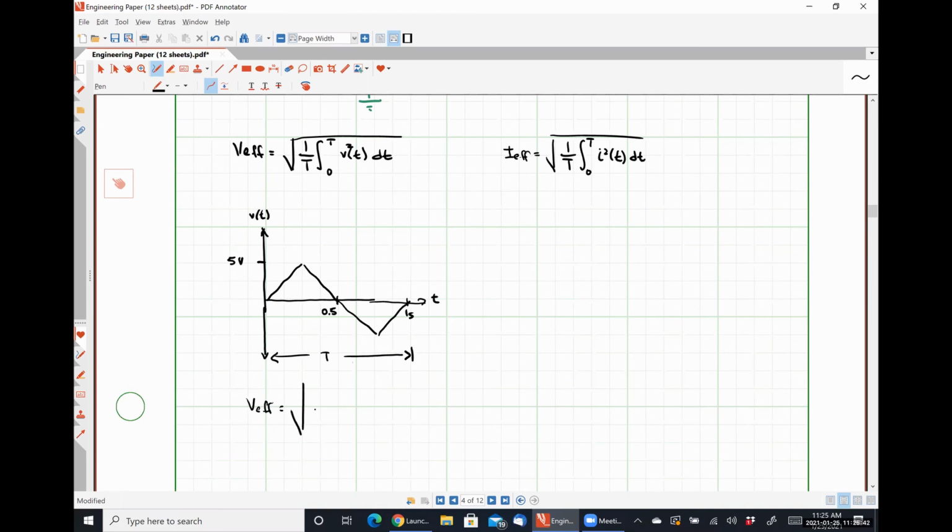We would have the square root of 1 over the period, so 1 over 1 second, of the integral from 0 to 1/4 of a second of, let's see, what's the slope there? It's 5 volts per 0.25 seconds, times time. Square this quantity.